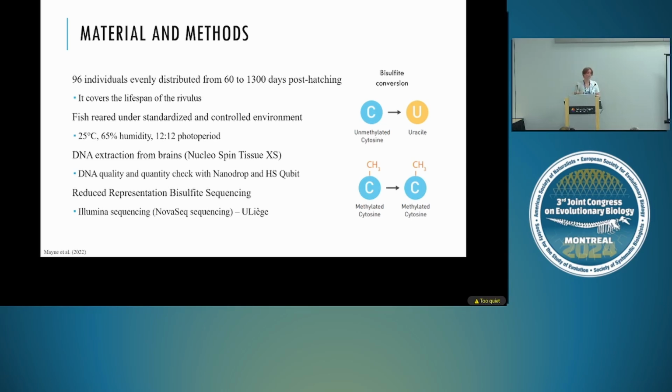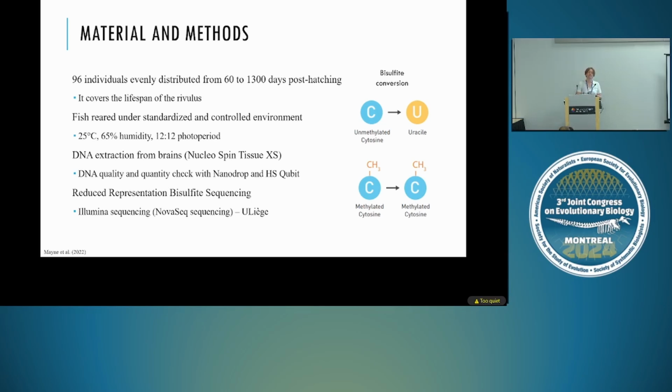Why these time points? I started at 60 because smaller than that, the individuals are too small and I would have to pool the data of several individuals, and I wanted to have individual-specific data. And I went until 1,300 days, which is a bit more than 3.5 years, basically because it's the mean lifespan of that species. So I have data covering most of the lifespan of my species.